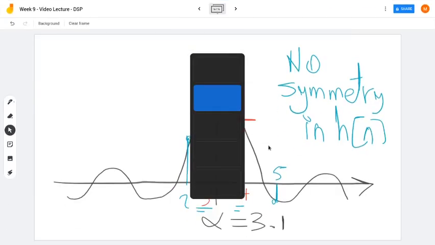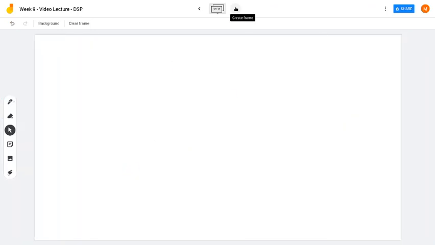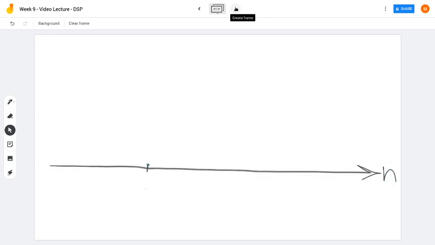This basically is doing this. If we have this kind of impulse response over here, which is going from minus infinity to positive infinity, this is n, and this is 0, and this is 1, 2, 3, 4, and let's say alpha is equal to 3.